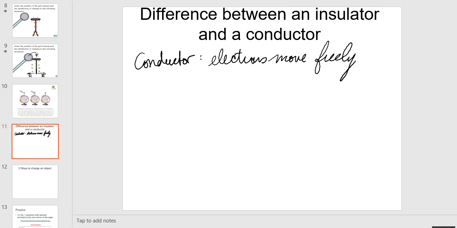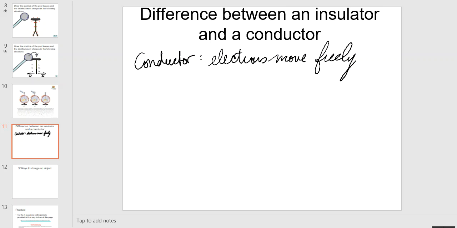Let's say it was negatively charged. Let's say I touched it and it became negatively charged. Would the negative charges stay where the contact point is, or would it distribute evenly all around? It would distribute evenly all around because it's a conductor. This is metal, it's a conductor, and it's going to allow the electrons to spread out evenly.